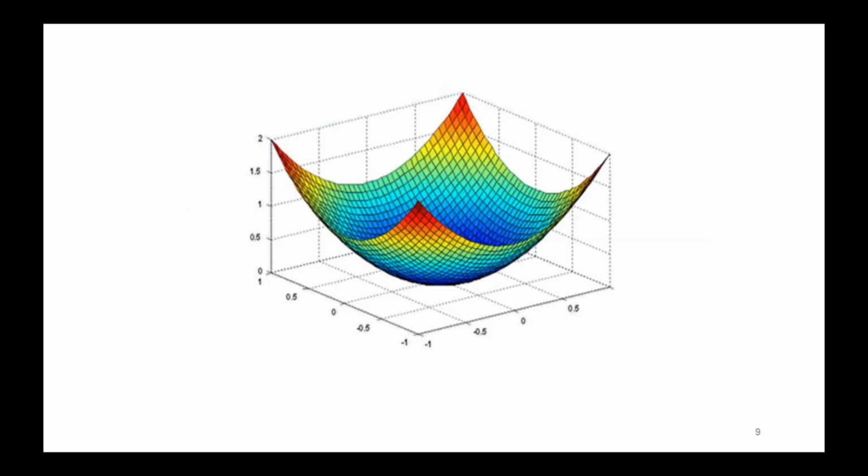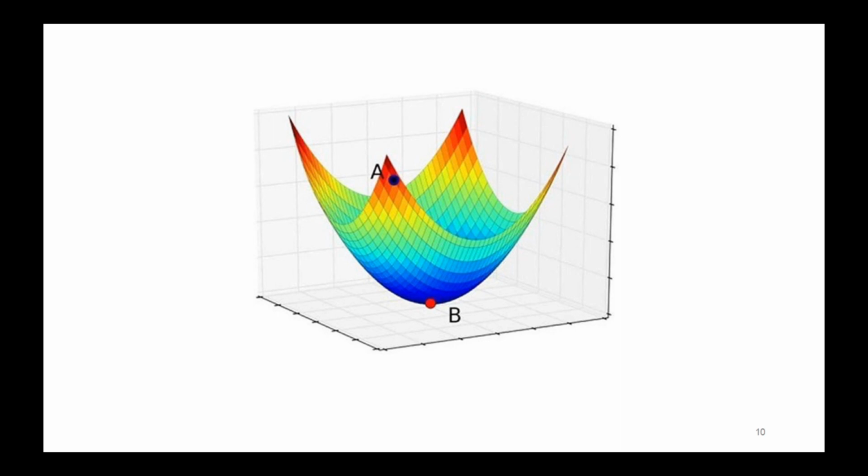Basically these parabolas represent the error surface. So this is all about gradient descent and the delta rule, and visualizing the hypothesis space. Thank you very much.